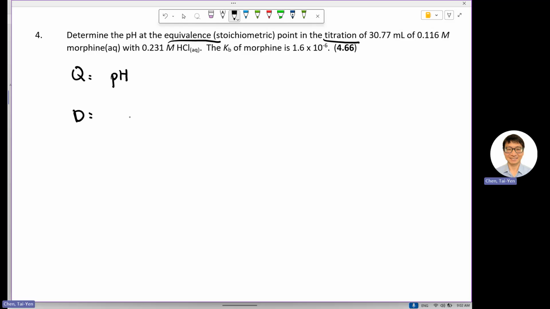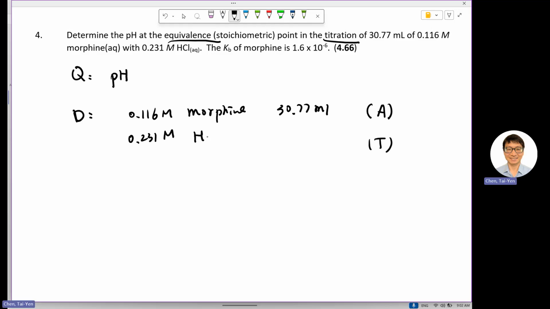So we know we have 0.116 M morphine, and then you have 30.77 milliliters. Apparently, this is your analyte, right? Your titrant is what? 0.231 M HCl.